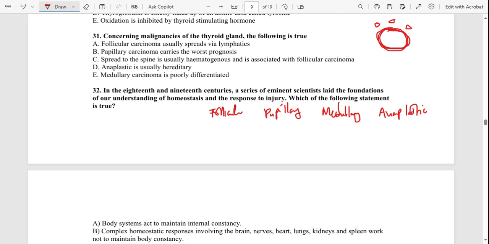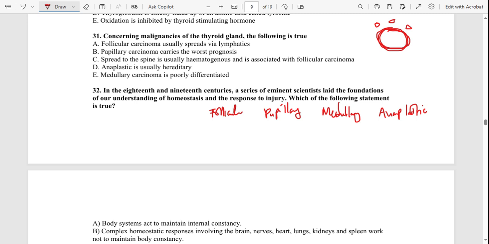So those carcinomas that are poorly differentiated actually have got a poor prognosis. The commonest, the papillary, is going to be well differentiated, and the follicular is also well differentiated.